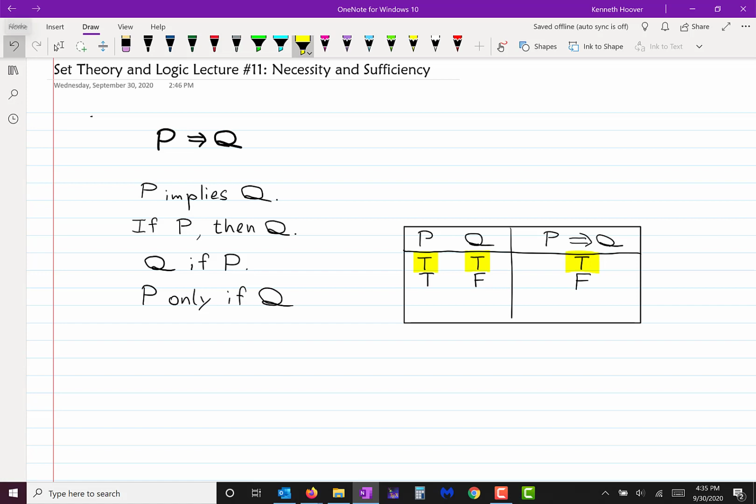Okay? So if we are given this, then we get to have P be true only if Q is also true. And there you heard the words only if. P is true only if Q is true, if we are given the implication. Okay? All right.